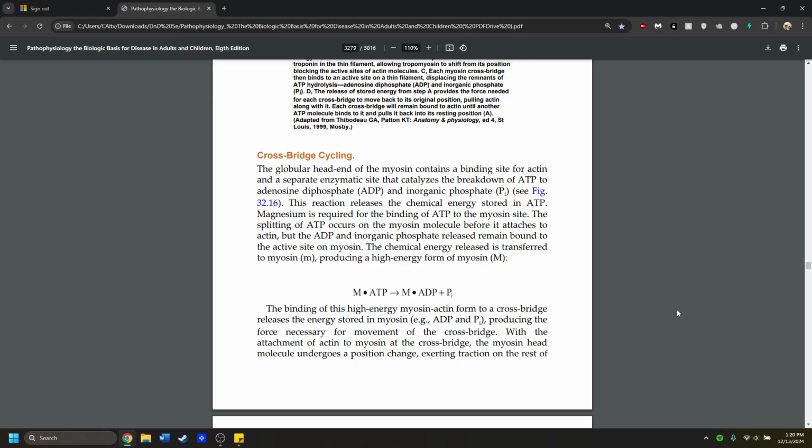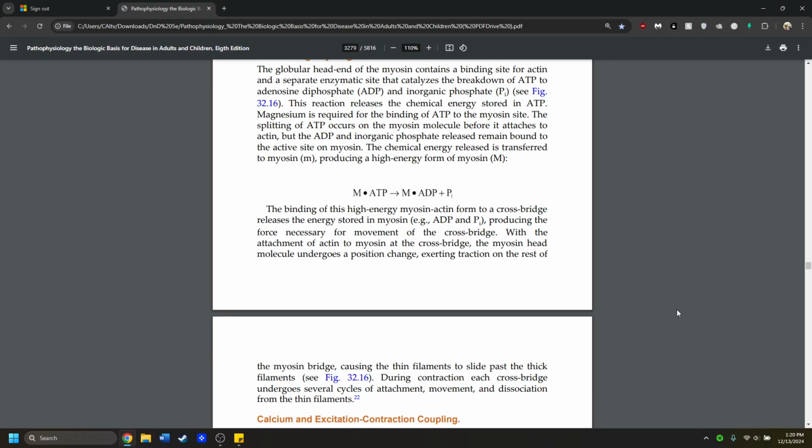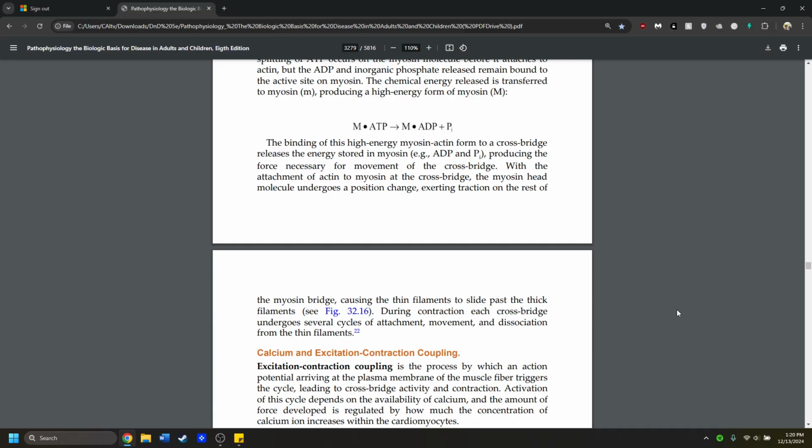The chemical energy released is transferred to myosin, producing a high-energy form of myosin, M*. So we have our myosin that attaches to ATP, and then it turns into ADP plus an additional Pi. The binding of this high-energy myosin-actin form to a cross-bridge releases the energy stored in myosin, ADP and Pi, producing the force necessary for movement of the cross-bridge.